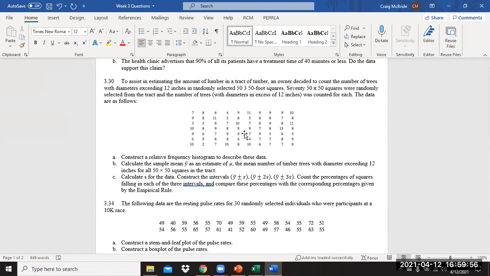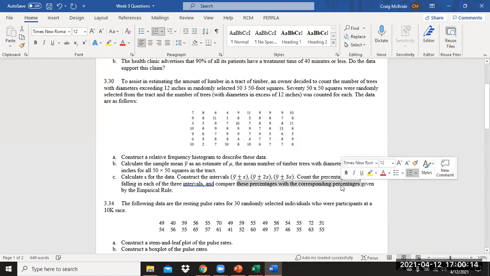Then you say, here's the percentage of my data values that fall in this first interval. The empirical rule says it's supposed to be 68. Mine is really close, or mine is way off, whatever. That's what it means when you're supposed to count it up and compare with the empirical rule.